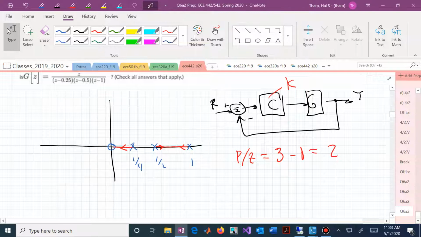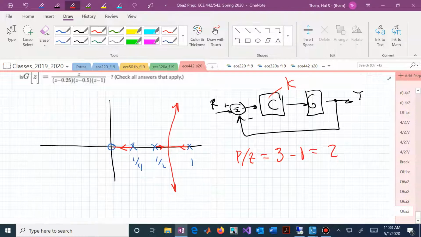So we actually have a breakaway point between 1/2 and 1, and those 2 branches go off to infinity at 180 degrees divided by 2.